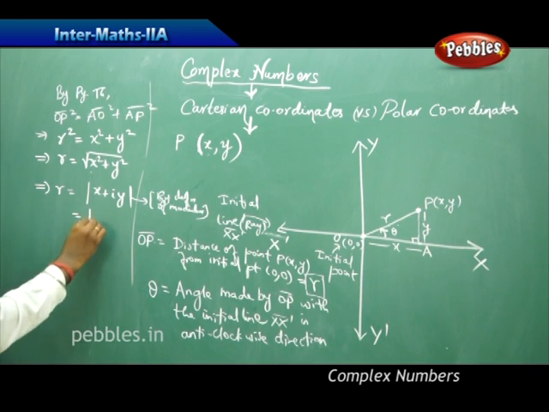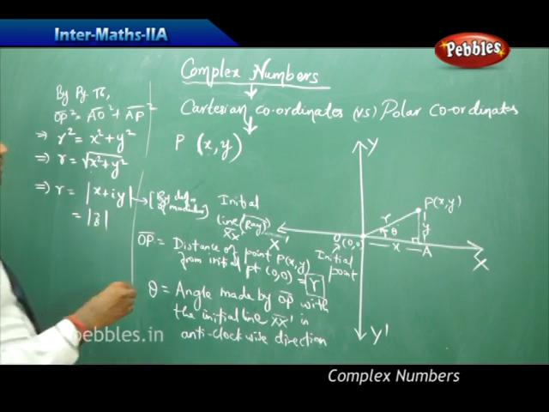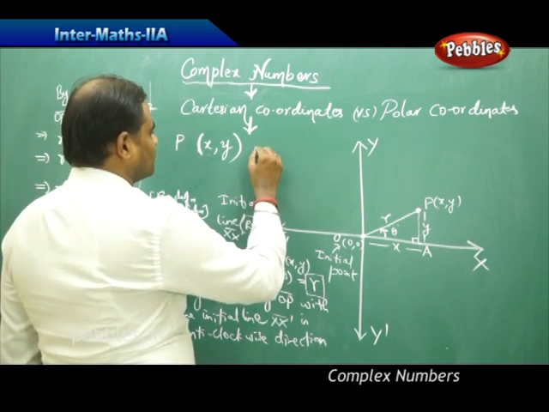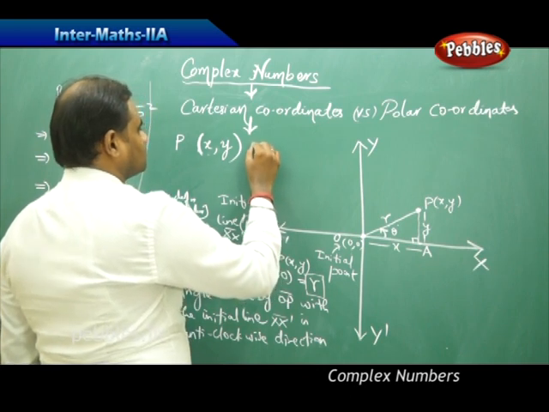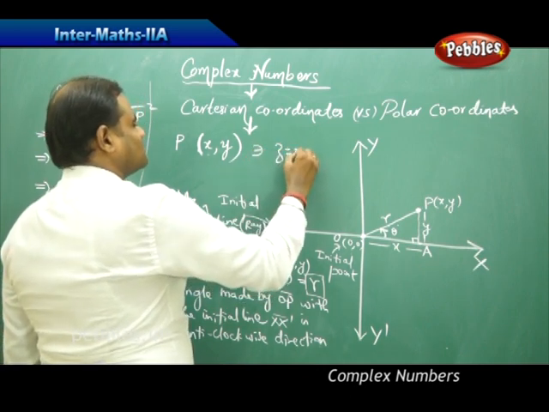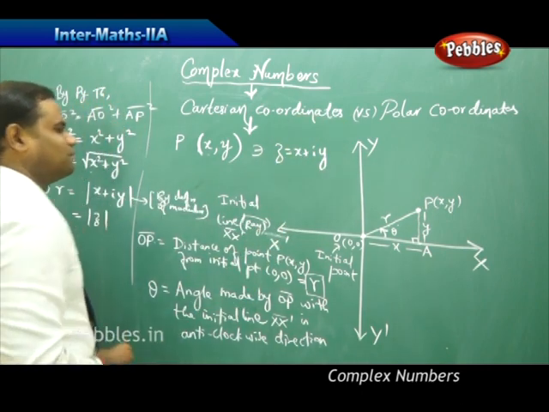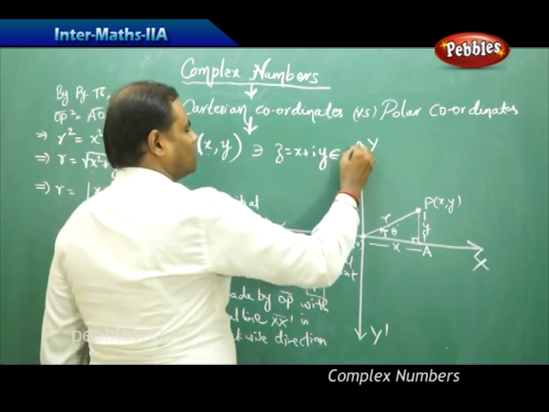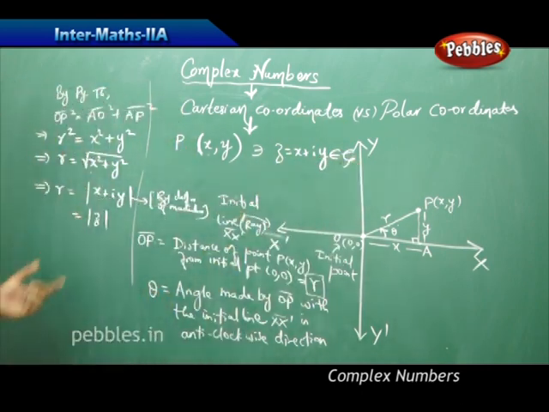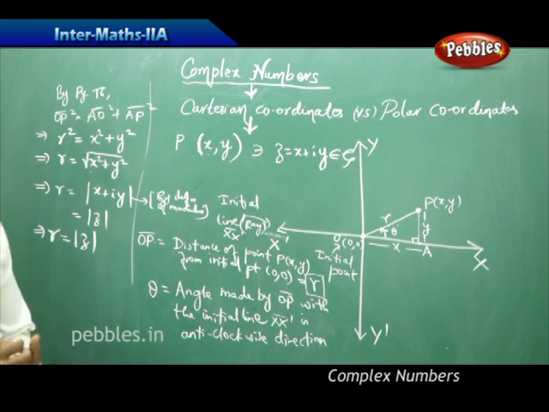This is nothing but mod z, because if I take z as x plus iy belonging to C, then my r is mod z. So r is the modulus of z.